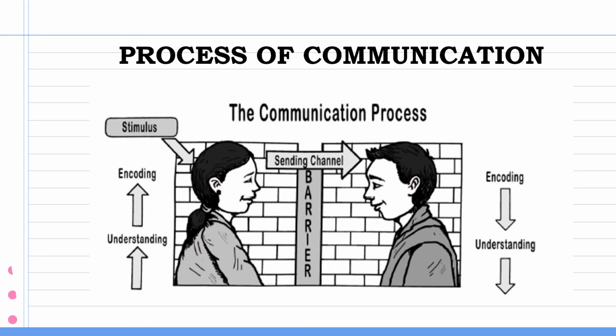The receiver decodes or interprets the message sent and responds accordingly based on his interpretation of the message. This response comes in the form of feedback sent to the original source of communication. As the communication transaction continues, the sender and the receiver may exchange roles until understanding is achieved.